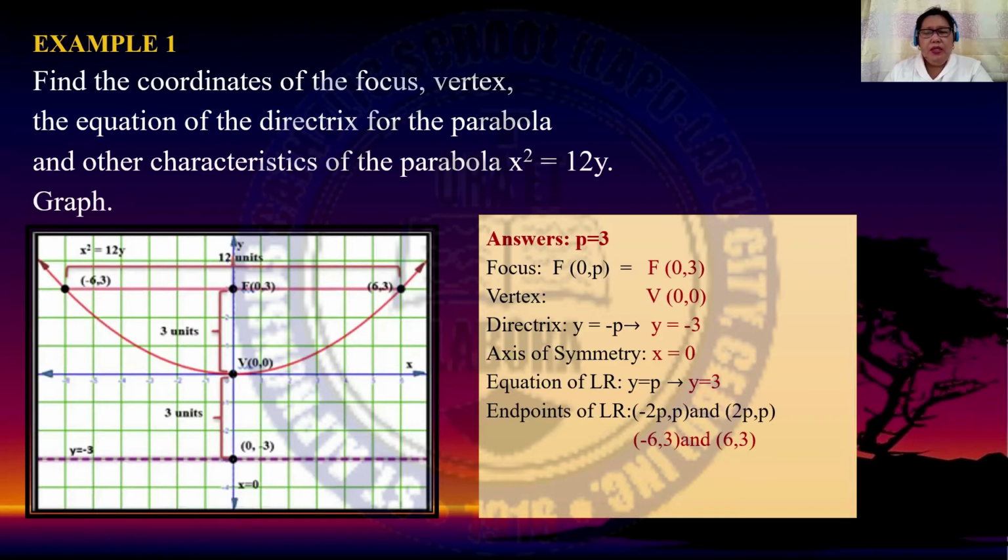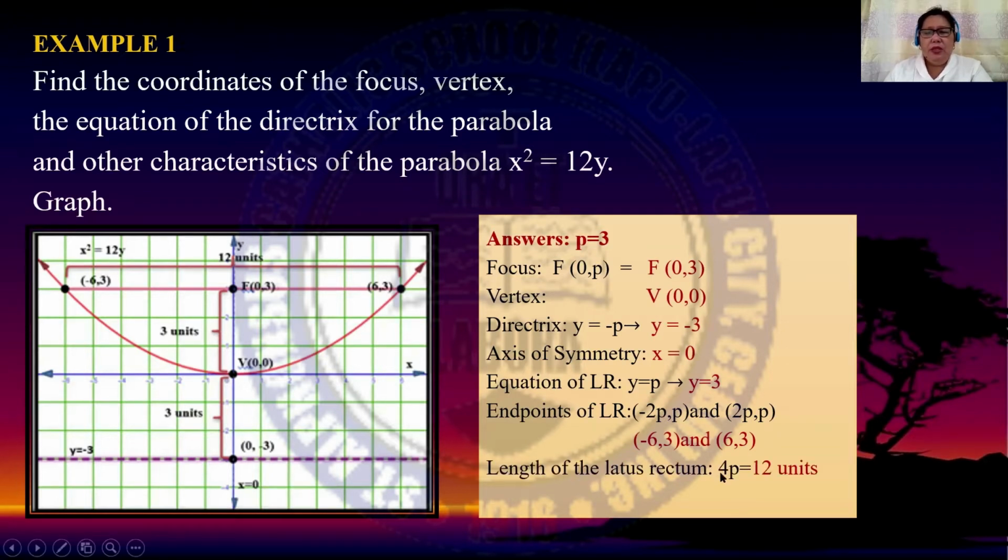The endpoints of the latus rectum can be computed by these coordinates: (-2p, p) and (2p, p). So -2 times 3 is -6, then you have 3. 2 times 3 is 6, and you have 3. So the coordinates of the endpoints of the latus rectum are (-6, 3) and (6, 3).